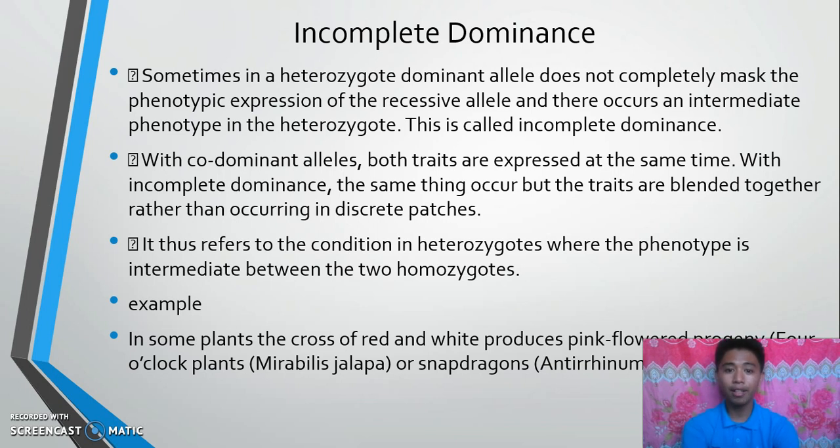With incomplete dominance, the same thing occurs, but the traits are blended together rather than occurring in discrete patches. It thus refers to the condition of a heterozygote where the phenotype is intermediate between the two homozygotes. An example is that in some plants, the cross of red and white produces pink flower progeny, such as in the four o'clock plant, Mirabilis jalapa, or snapdragons.